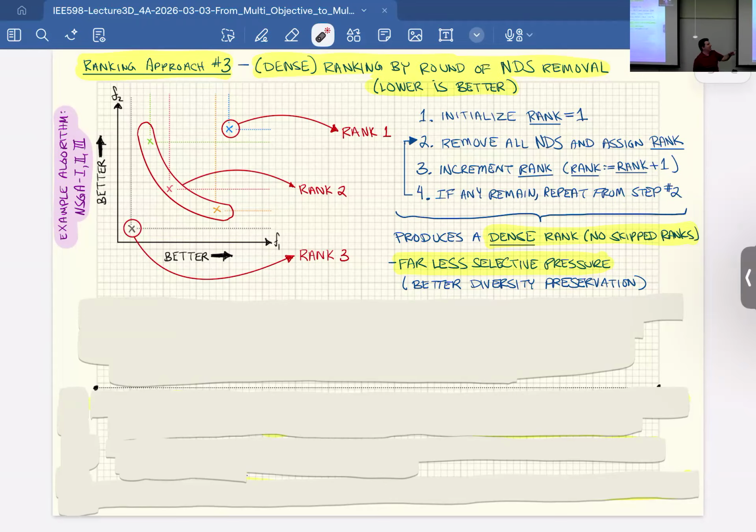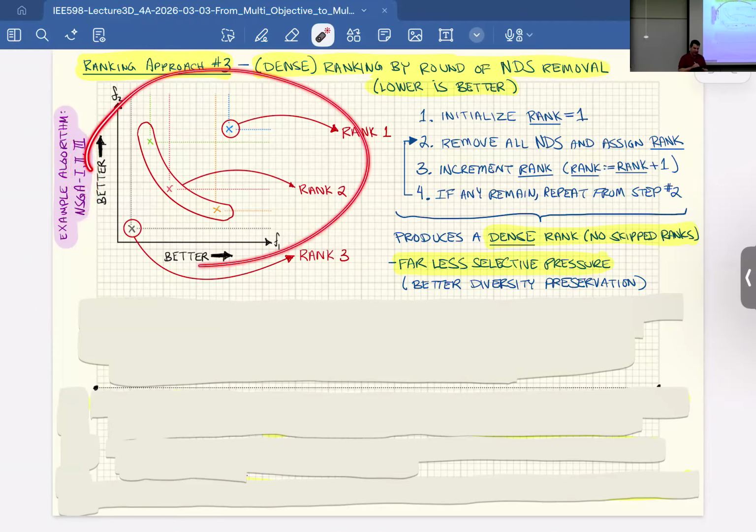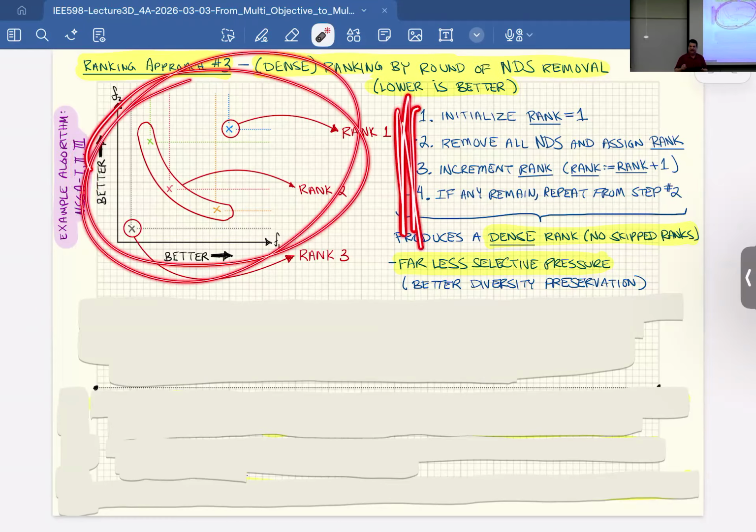SGA 3 creates a scaffolding that allows you to better hit that Pareto frontier, even with lots and lots of objectives. That's a detail we're going to develop as we go on. But the point here is that the SGA family all uses, at some level, this iterative peeling.